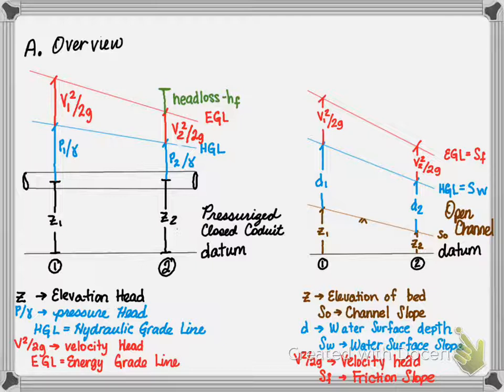The EGL is also the friction slope. The difference from point 1 to 2 is the friction loss within an open channel. And the total energy at any point within the channel is the elevation head plus the depth of water plus the velocity head. Now that we have an understanding of the overall differences, we can discuss and understand the geometry of an open channel.